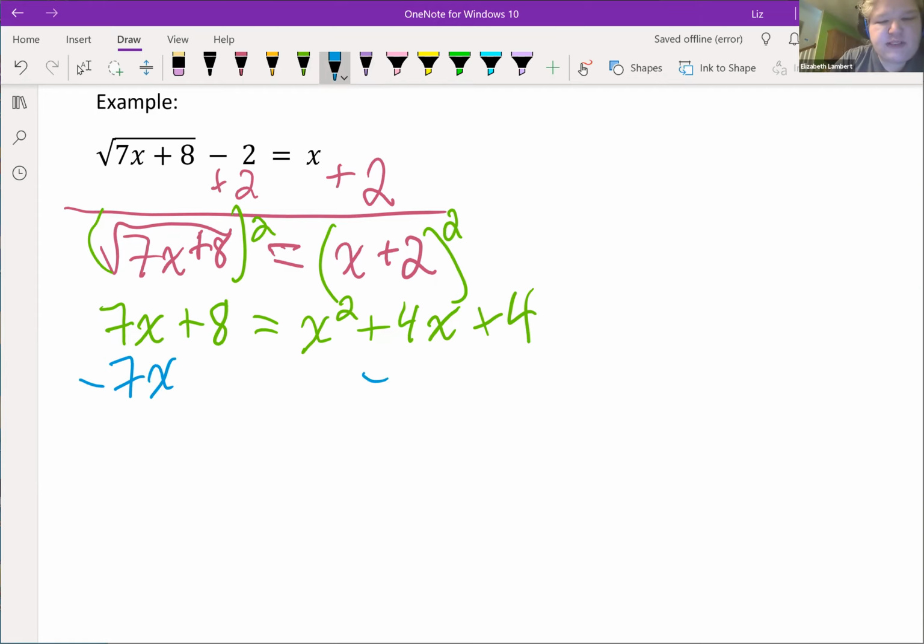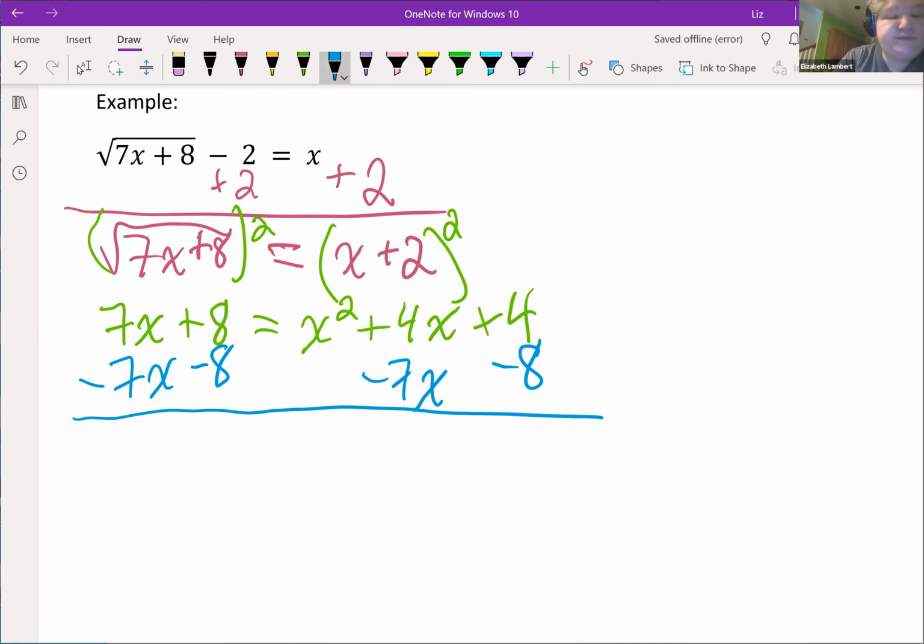So I'm going to move this 7x over and the 8 at the same time because I'm lazy. I just lined them up with their like terms. So I have my x squared. 4x's minus 7x's is negative 3, still an x. Positive 4 minus 8 is now negative 4.